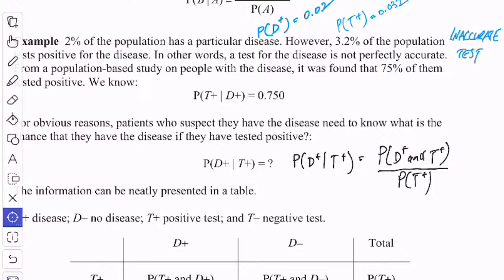I interpreted this one as knowing somebody has a disease, the chance that they test positive. Or within a disease group, the chance of testing positive is this. That's different from this one. However, there is a relationship between them. What's the relationship between this and this? Can anybody tell me?